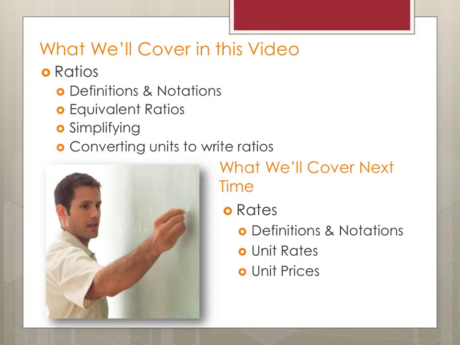We're going to define what a ratio is and talk about how we write it with different types of notations. Then we'll move on to equivalent ratios, simplifying ratios, and then we'll do a little bit of converting units to write a proper ratio. In the next video that we cover for this section, we're going to focus on rates. We'll define rates and how to write them, and then we'll look at unit rates and unit prices.